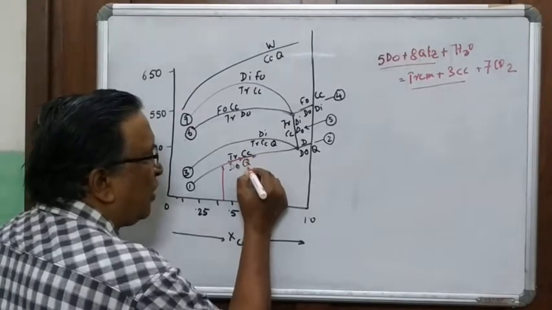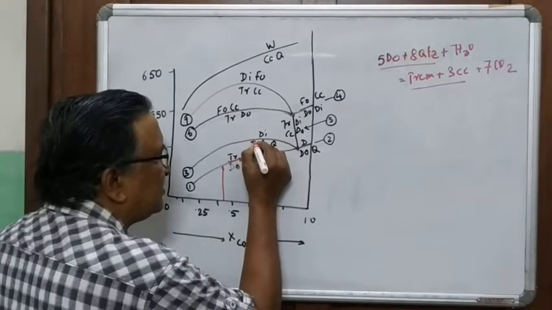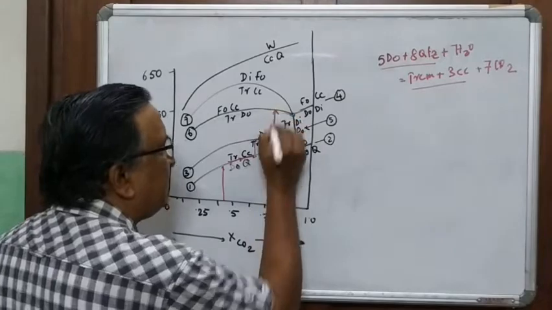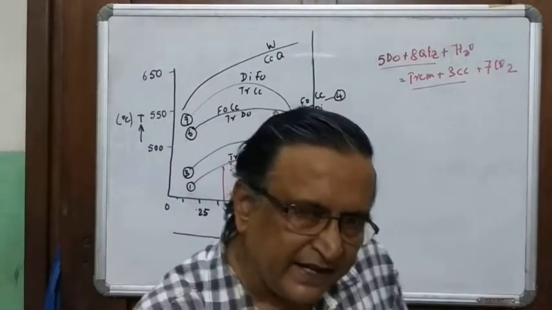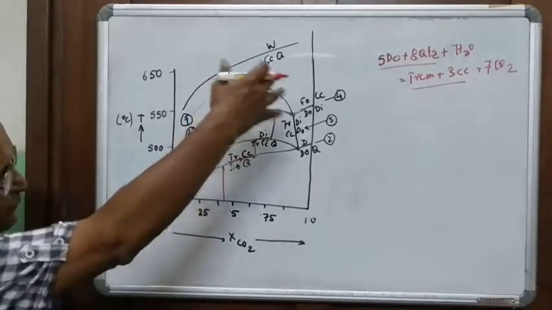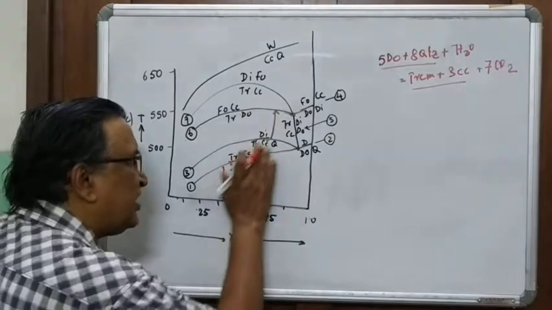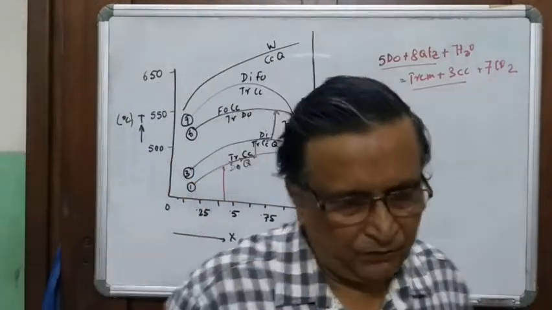Say, if quartz is there and dolomite gets exhausted, then your PT path is here, and then the path moves to the peak, and then you can have a path like this. You can have a very different path if you have a different fluid composition. So the modal mineralogy and the fluid compositions are both changing.